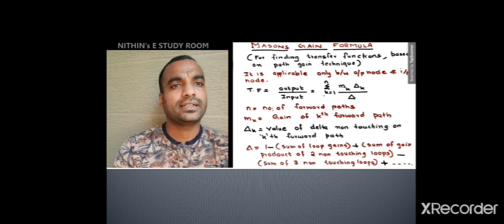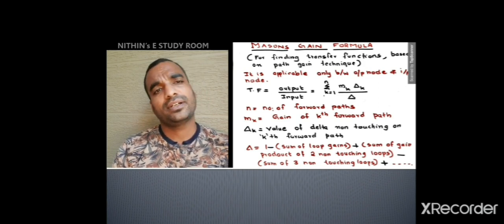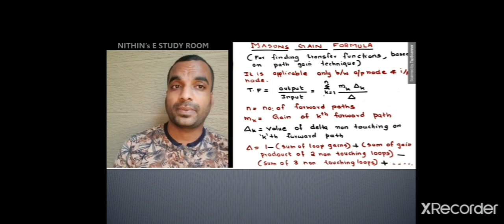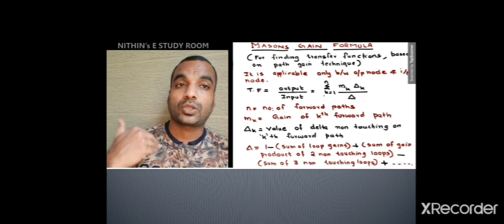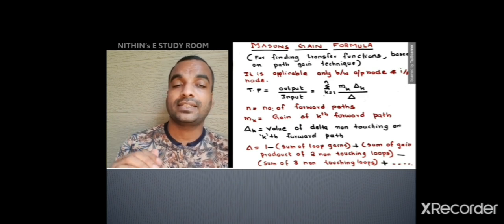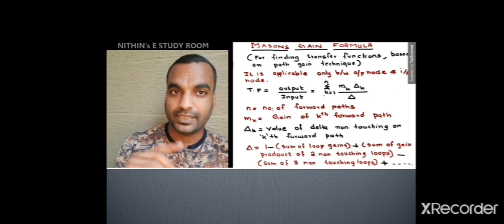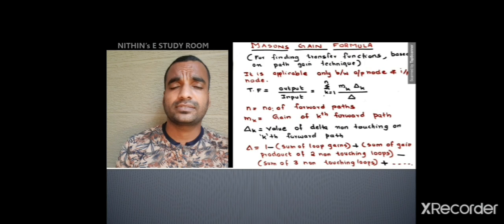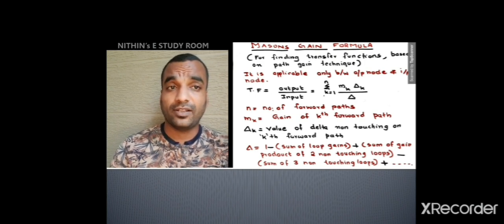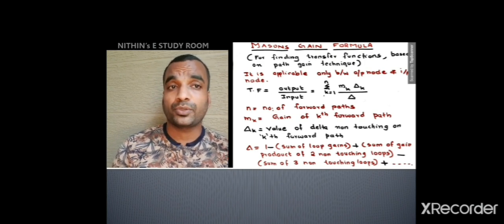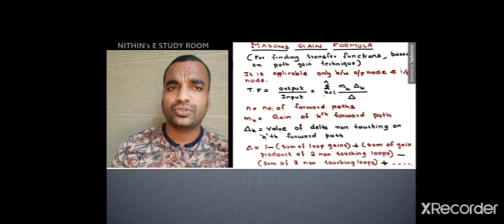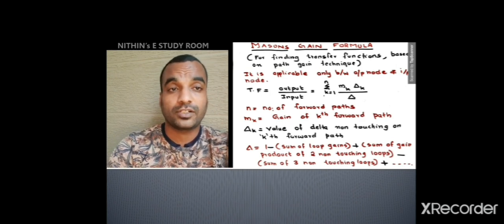Okay, actually it is correct: n is the total number of forward paths. If there are 5 forward paths, you have to take the total number as 5, and k is the number of the particular path you are considering. If it is the first forward path you are talking about, you have to write M1 del 1. If it is the second path, M2 del 2. If there are n paths, the last path will be Mn del n. So it was a small mistake. Now it is clear. You have to take n as the total number of forward paths.